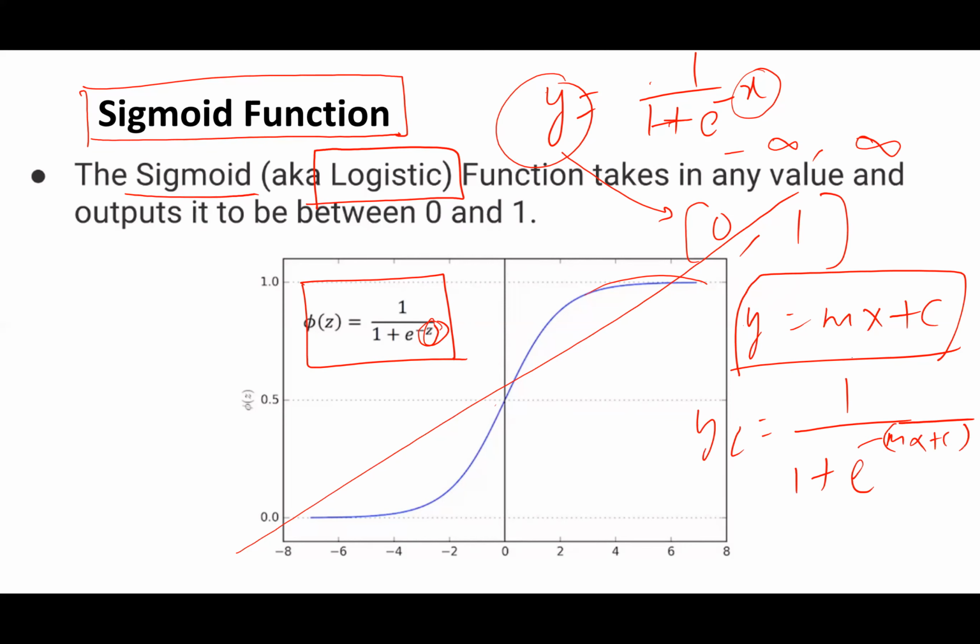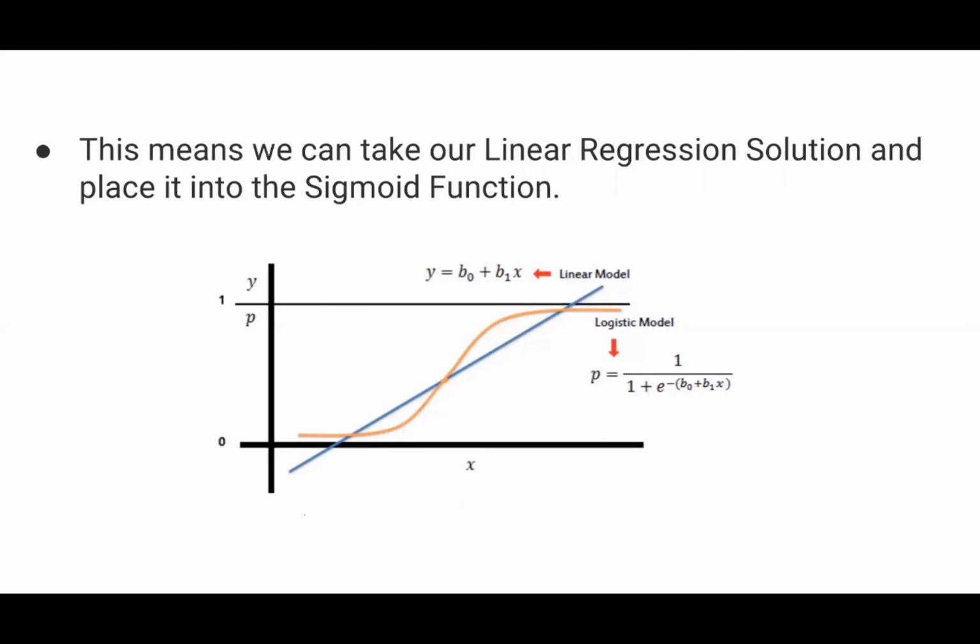Now, for every value of my marks, or whatever my parameter was, I will get a value between 0 and 1. So y only varies between 0 and 1, this is 0 and this is 1, and this is how the value of y varies. This means we can take our linear regression solution and place it into the sigmoid function.